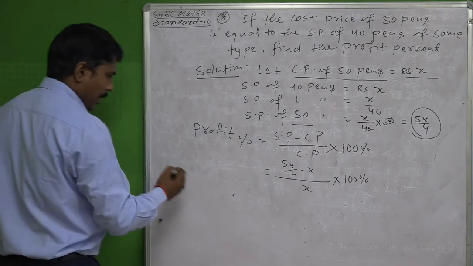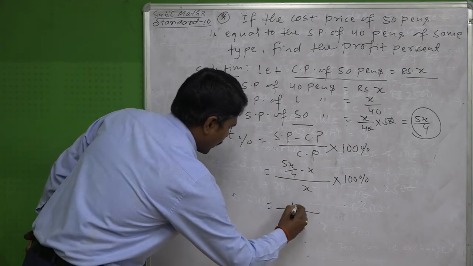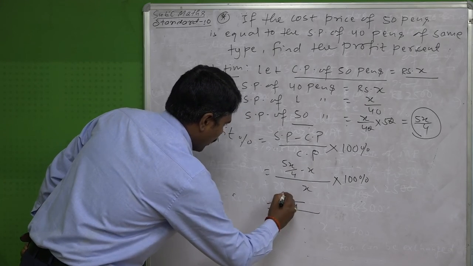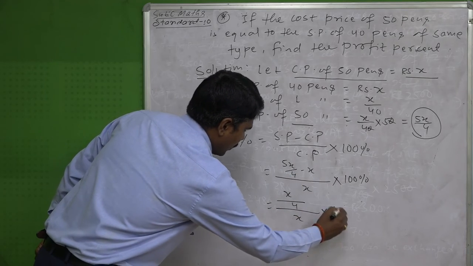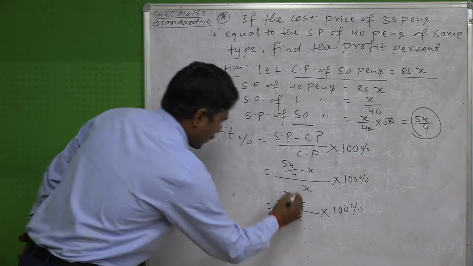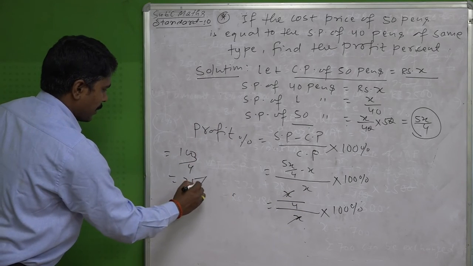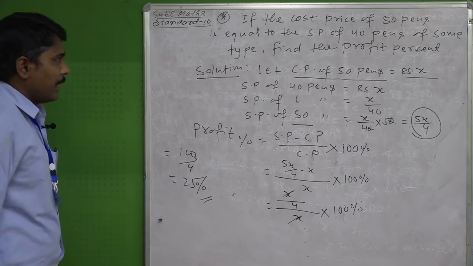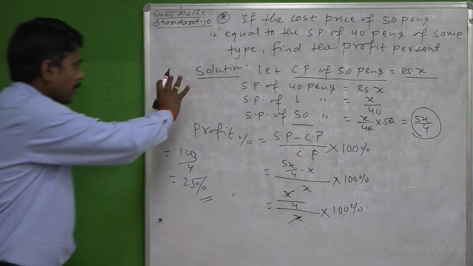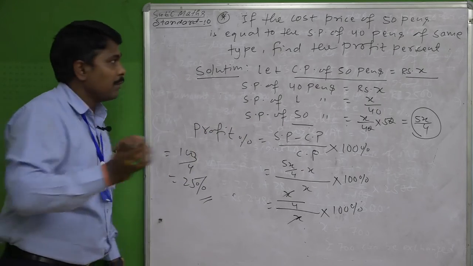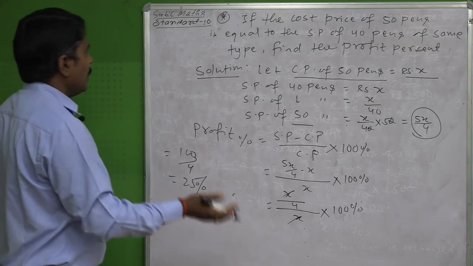Now see here, if you take the LCM, then 5X minus 4X is X by 4, into X, into 100%. X cancels, 100 by 4 means 25% is our profit. You can do it by this formula, but what I have given you is forward and backward calculation. If you do it that way also, you can find the answer very easily.